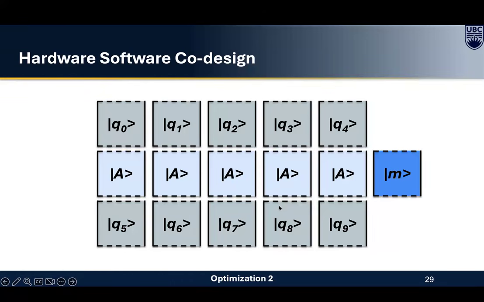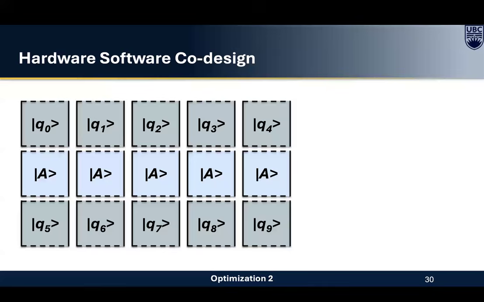So if we want to access a different logical operator of any target qubit, we need to rotate this patch to expose a different logical edge. So those two operations are very costly, so they can block the execution of other logical operations as well.